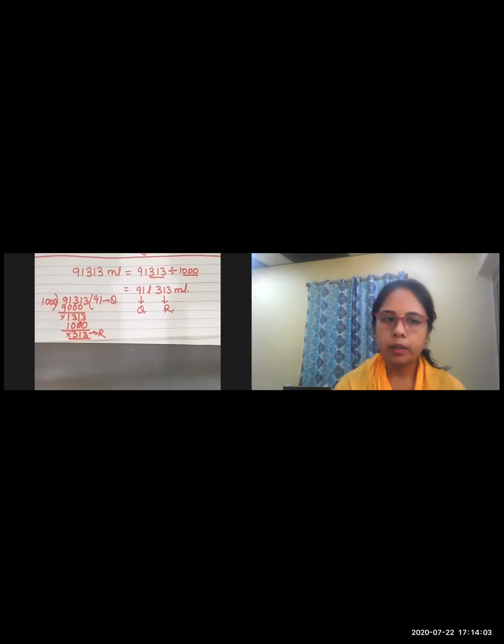By the division method, you see here we get the quotient 91 and remainder 313. So the quotient is written in liter and the remainder is written in milliliter. So this is the way to convert smaller unit into bigger unit.